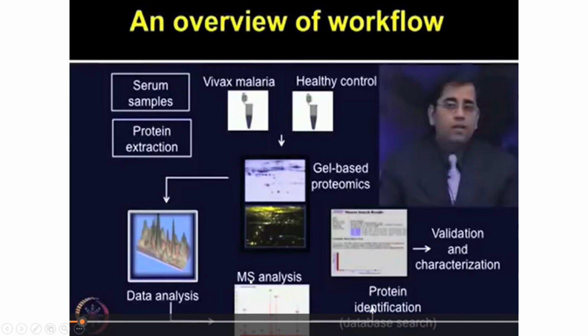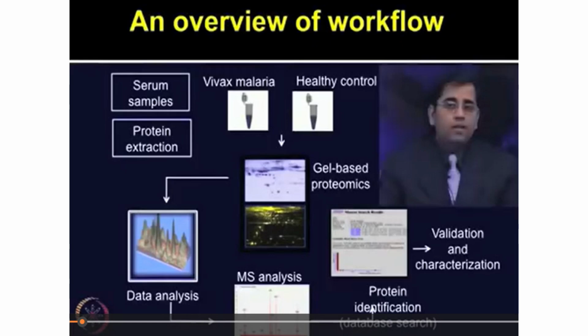So you cannot say that by doing this data analysis. You can talk about that only when you do mass spec analysis and then you do the validation and characterization of that specific protein. Then only you will be able to say that whatever band I can see here of that specific molecular weight is the same protein which I was thinking. Here you can just say yes, it might be, because it has the same molecular weight and it is coming from the sample of interest.